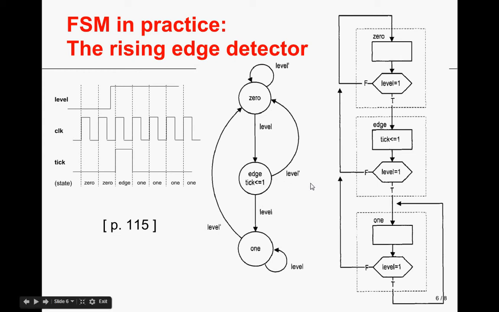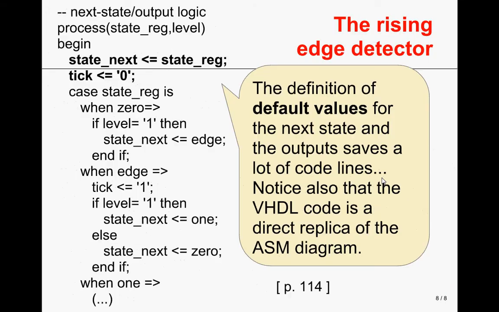The last learning outcome that we are yet to achieve is how to convert this ASM chart into a VHDL description. This is a very straightforward process, and I will show you how to do so in 2 slides.